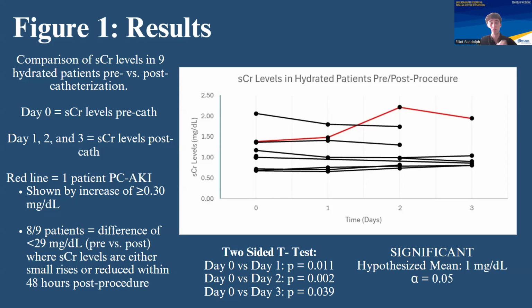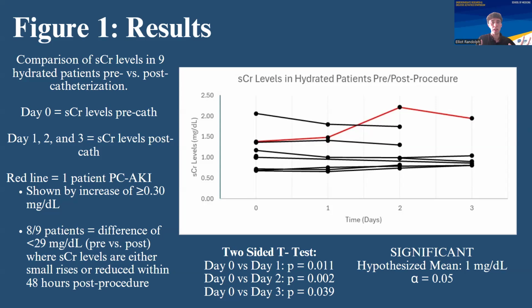However, there was one patient, which is indicated by the red line on the graph, that developed post-contrast acute kidney injury, which we mark as greater than or equal to 0.3 milligrams per deciliter.